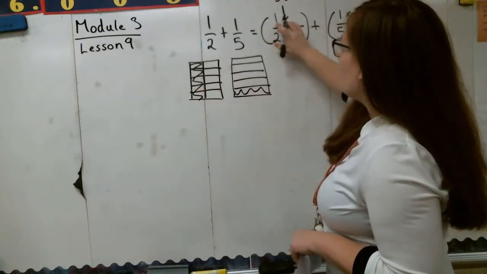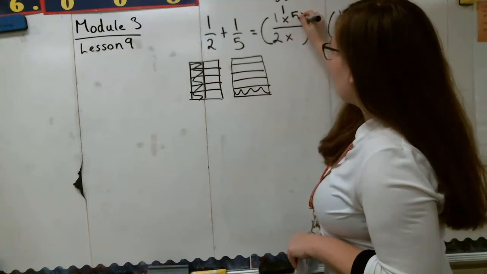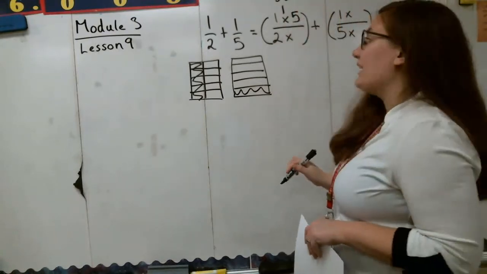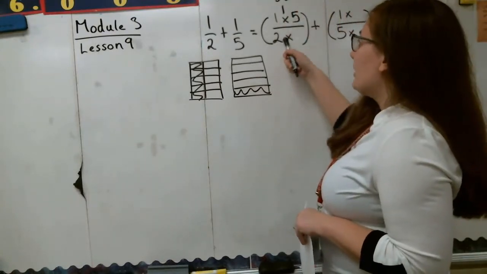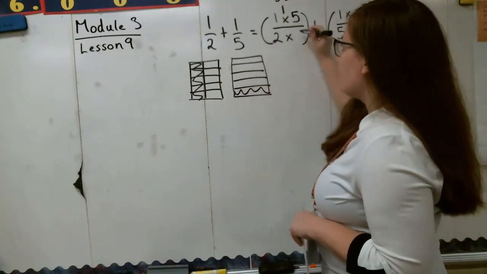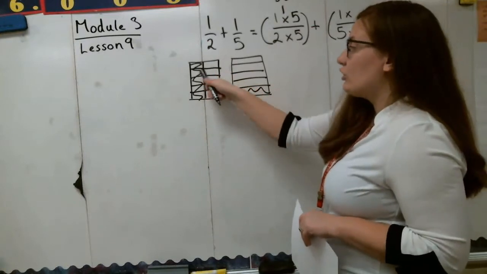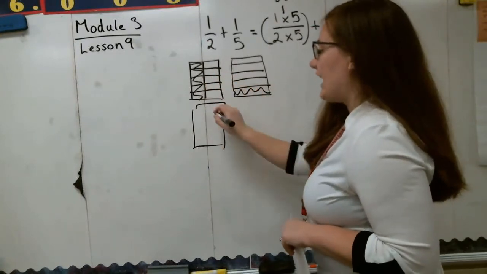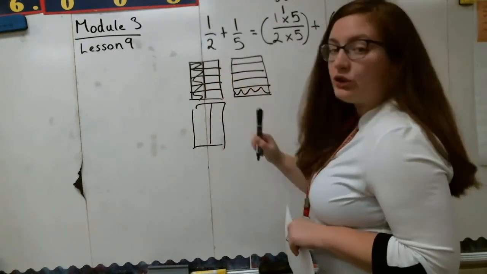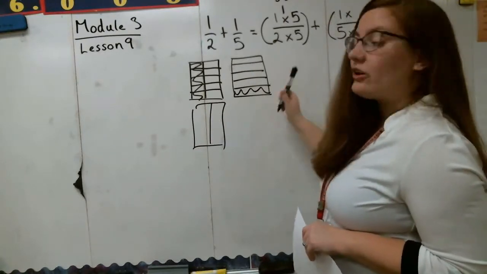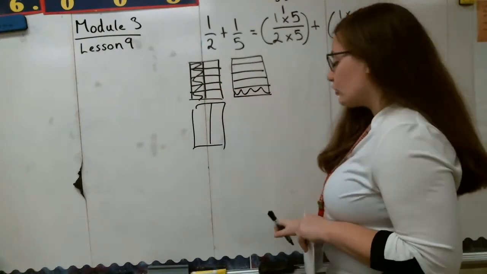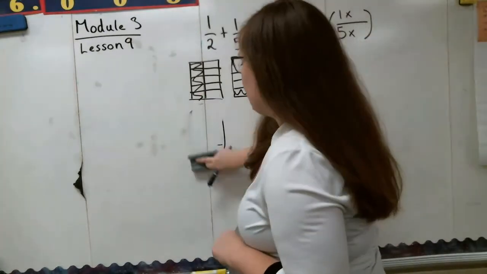And what I did is I took one group of 5, and then what I also did is I took, whatever I do to the top, I also have to do to the bottom. So I also took these two groups, because remember we started off with a half, and I had two groups, and these two groups are also getting split into groups of 5.